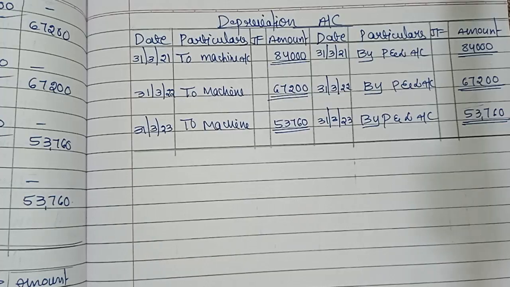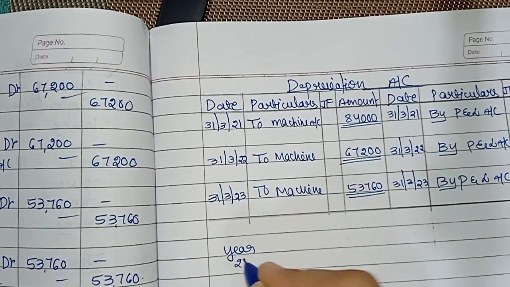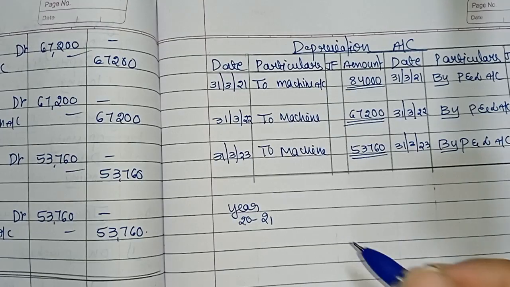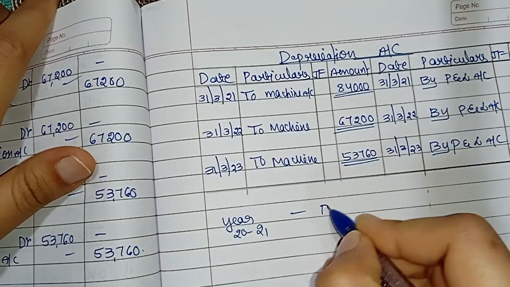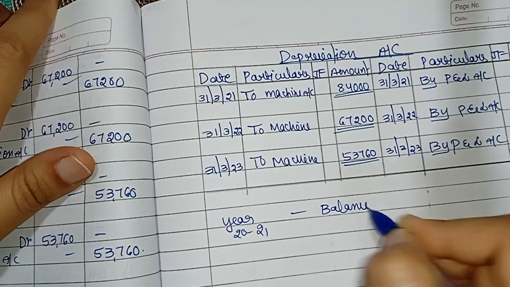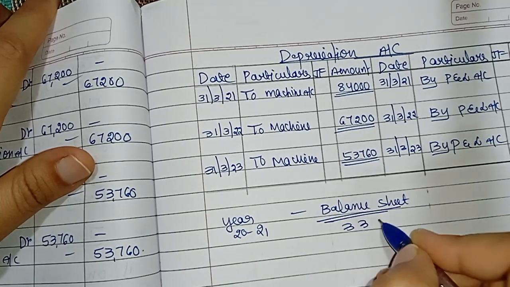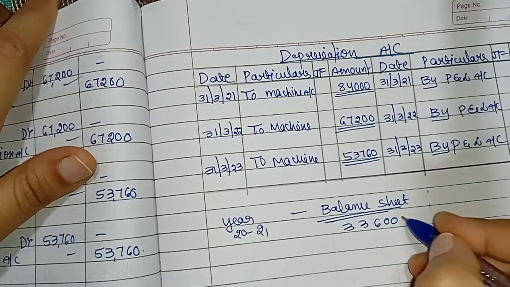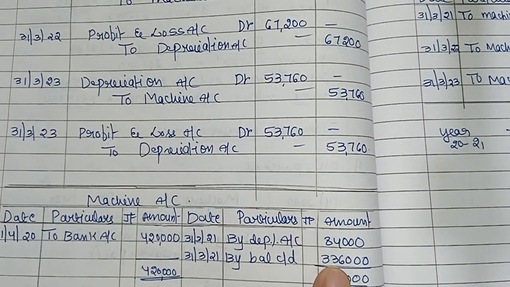So in this problem, for year 20 and 21, which closing balance amount do we need to enter in the balance sheet? That is rupees 3,36,000, the reduced amount.